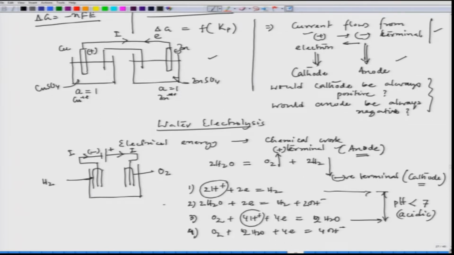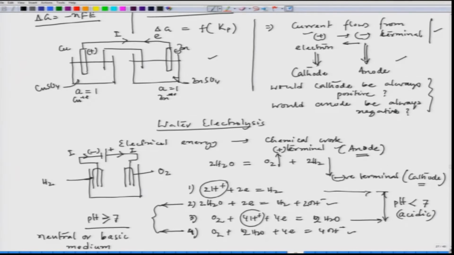Now, these 2 are possible since there are no hydrogen ions involved in these particular reactions. Rather, we have generation of OH minus ion, and these 2 reactions are possible when pH is equal to or greater than 7, so neutral or basic medium.